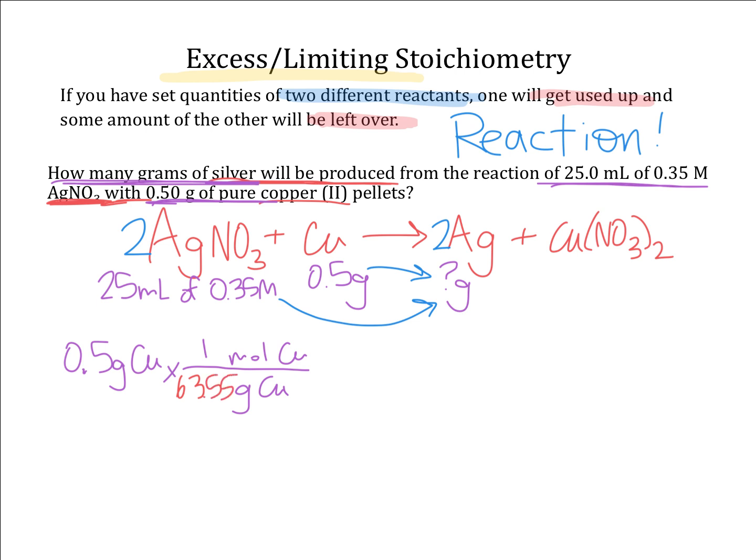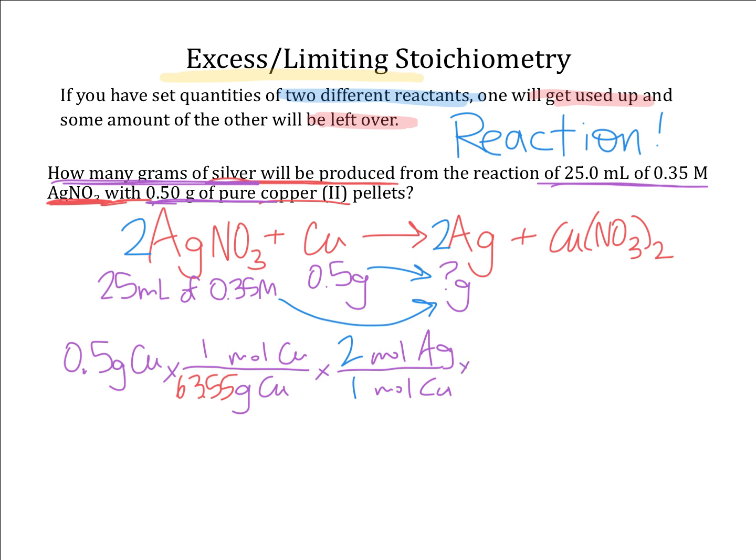Then I'm going to take the moles of copper and convert it to moles of silver. This is going to come from the balanced equation. 1 mole of copper will produce 2 moles of silver based on our balanced equation.